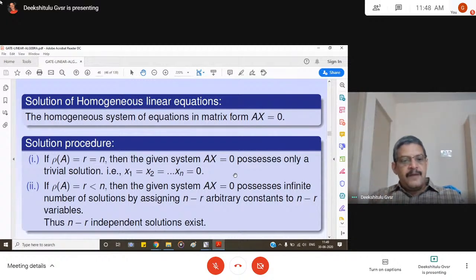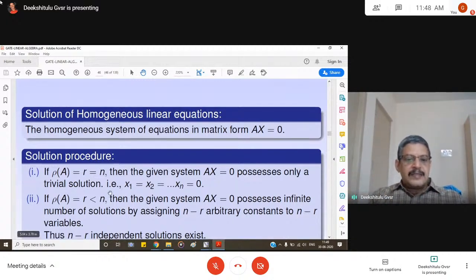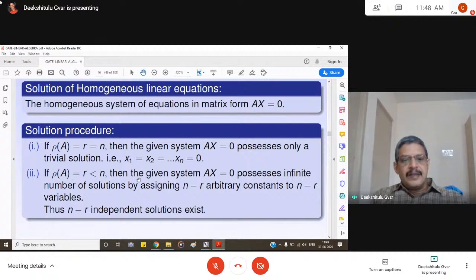If r is less than n, the given system Ax is equal to 0 possesses an infinite number of solutions by assigning n minus r arbitrary constants to n minus r variables. How these n minus r arbitrary constants are assigned we will discuss. So if you observe these 2 points, for a homogeneous system of equations the solution is a trivial solution or you can have an infinite number of solutions.